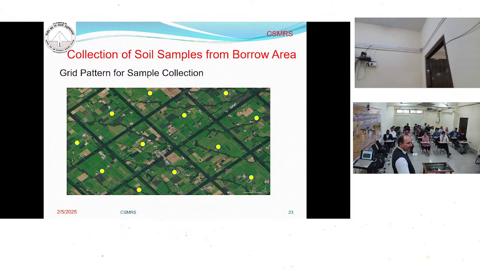This is one of the pictures. In this picture, we have divided the whole area into grid patterns. The grid is there, and from the center of each grid we have collected the samples. It means samples are uniformly distributed, and whatever results are coming will represent the complete area.